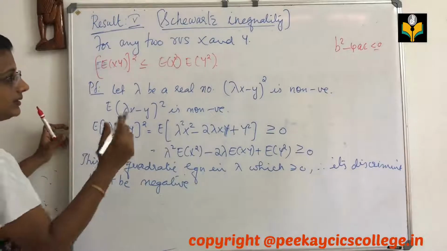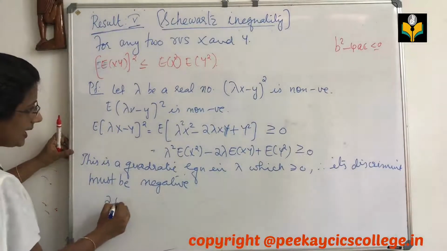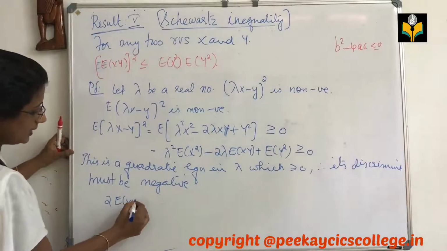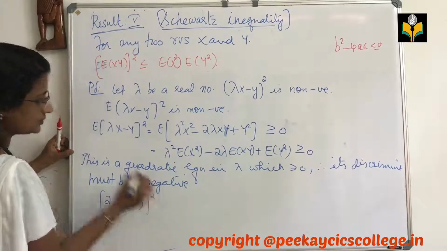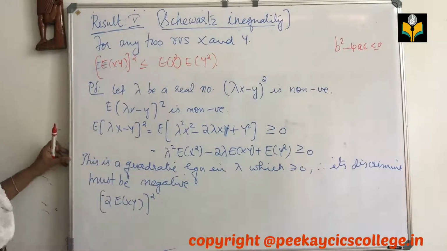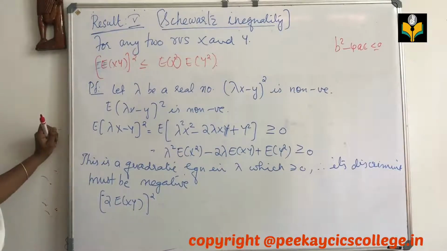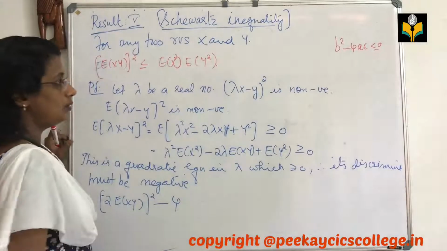എന്താ അപ്പോൾ b square വരിക? b is minus 2 into expectation of xy, the whole square, b square. Minus 4 into what is a here?